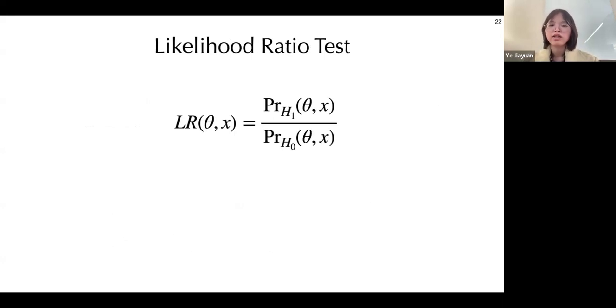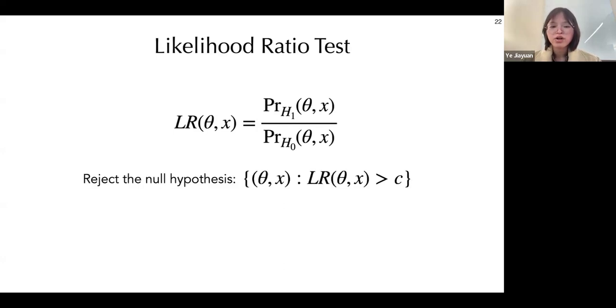The good thing about the hypothesis testing formulation is that we know how to solve this binary hypothesis testing problem very well. Namely, the best solution is known as the likelihood ratio test, where we compute the probability of observing the trained model theta and target data X in the alternative hypothesis versus the probability of observing them in the null hypothesis, which is the non-member world.